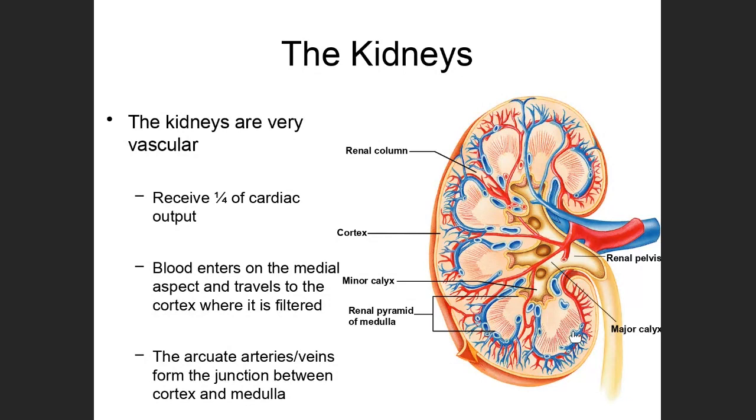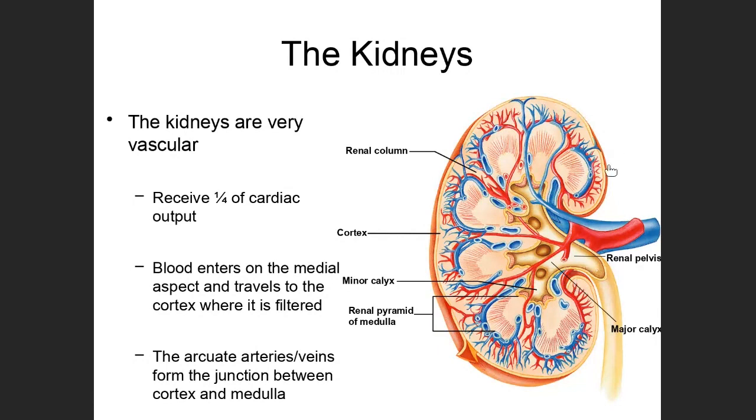If you look at this picture over here, this is the medial aspect of the kidney. So this area over here where I'm running my pointer along, and you'll notice we have a very large artery, the renal artery that enters the kidney on this side. And we also have a very large vein, so the renal vein that exits the kidney there.